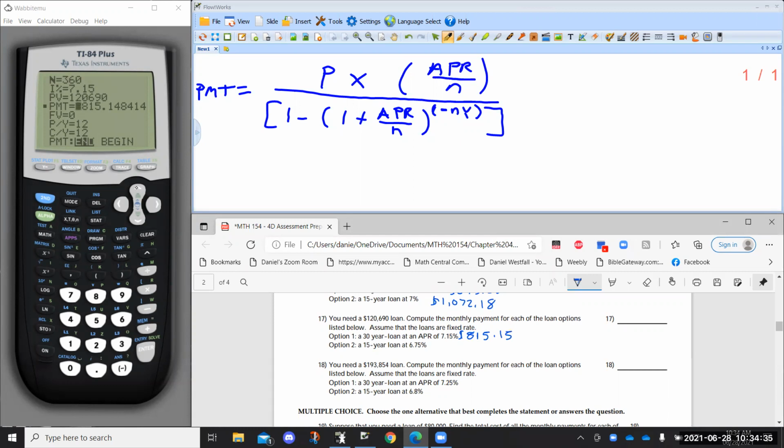If we change this instead to a 15-year option, it's 6.75%. Keep the value of the loan the same. Our payment is going to change to be $1,068.00 because this 7 is going to make that 99 round up to 100. So careful with that rounding there.